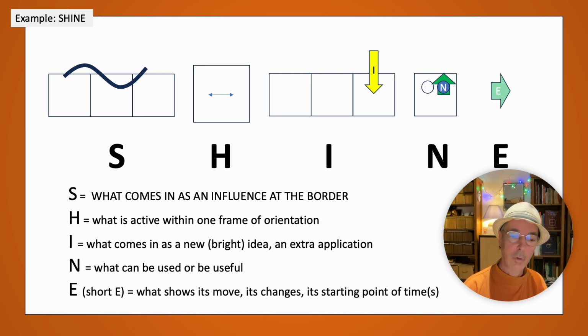The N is all that can be used or useful, and we pick it out as the perfect thing that we can use at that moment. The E, the short E, is that what shows its move, its changes, its starting point of time or times.